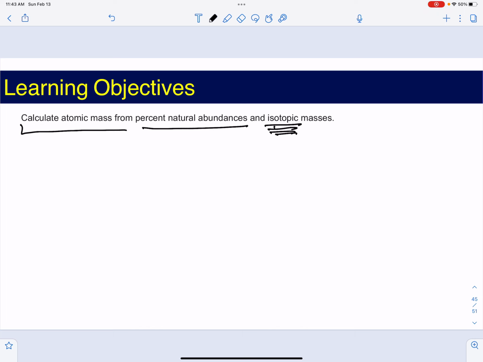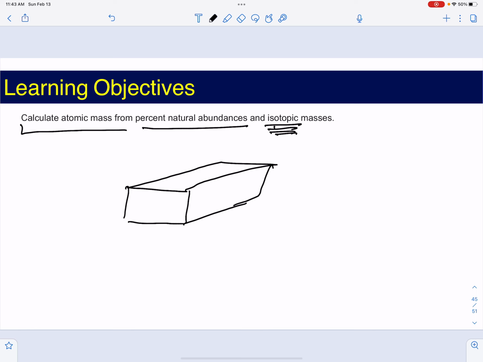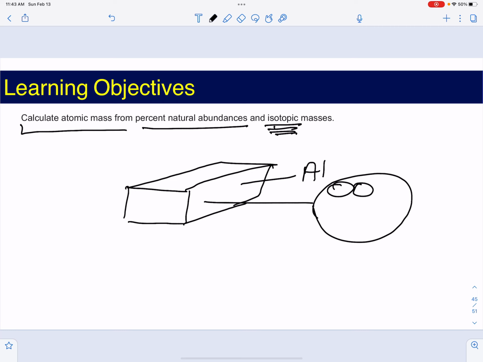And this is like this. Consider that you have a block of aluminum. So this is made out of aluminum. And if we take a microscopic view of that, you're going to have a bunch of aluminum atoms in there. It's a pure substance, right?